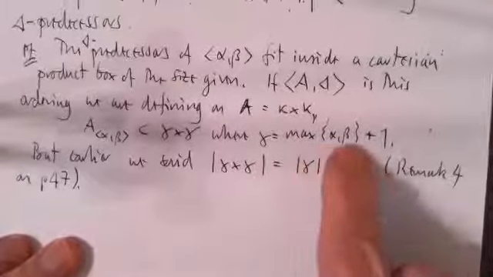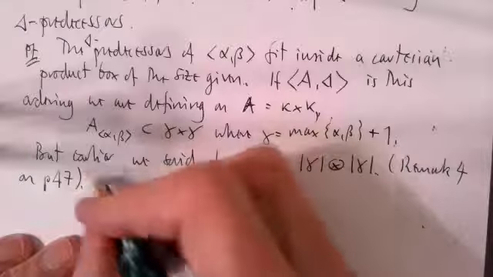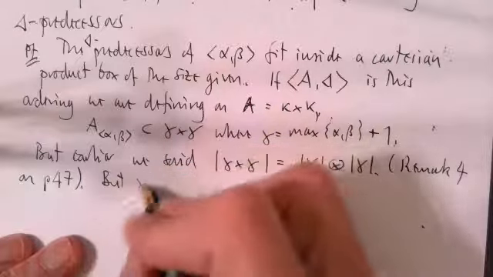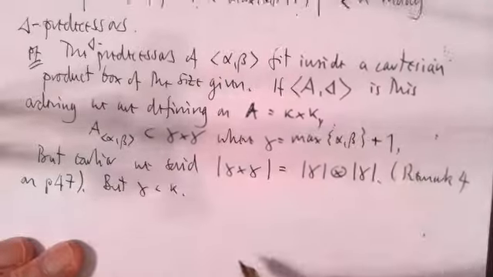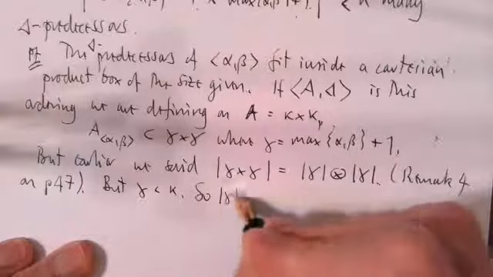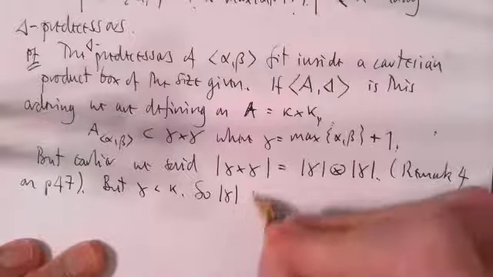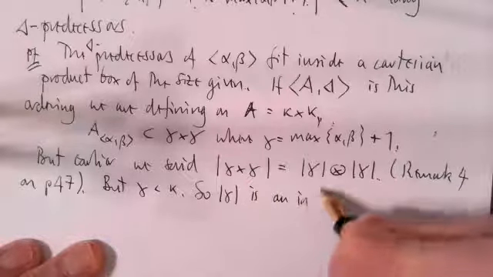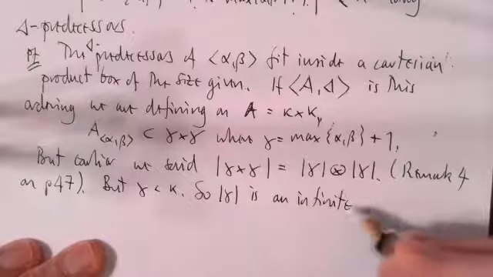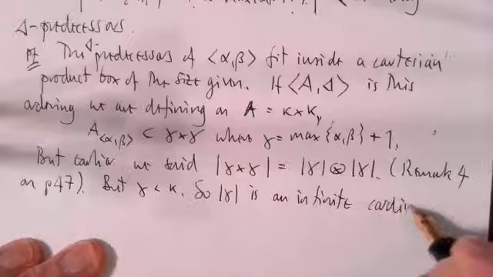But alpha and beta, and so gamma, are less than kappa. So this here is an infinite cardinal less than kappa. And the inductive hypothesis applies.